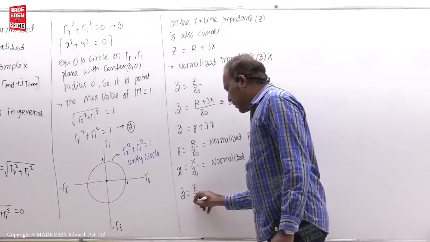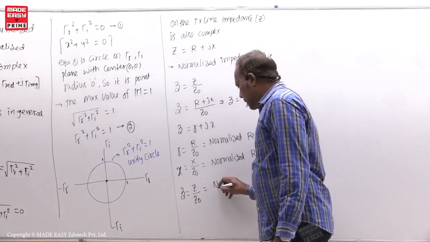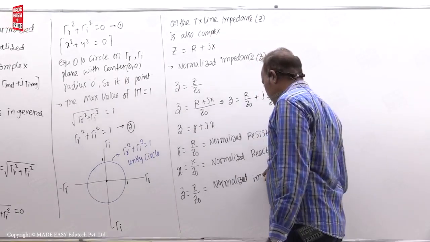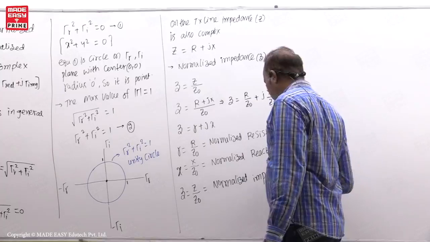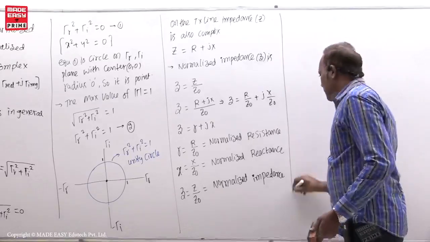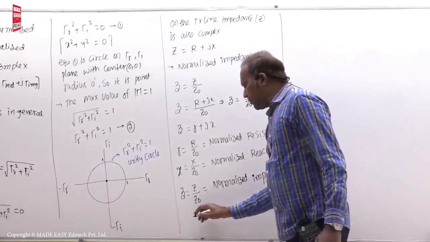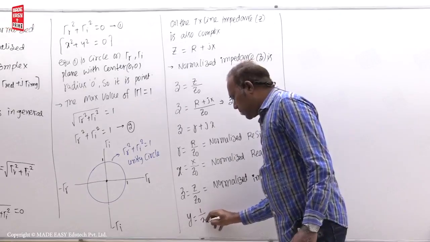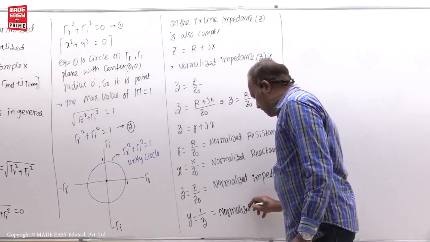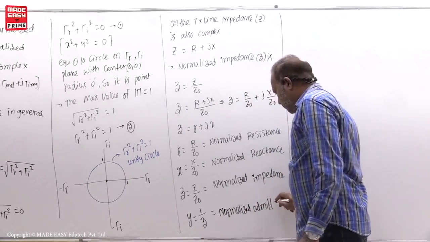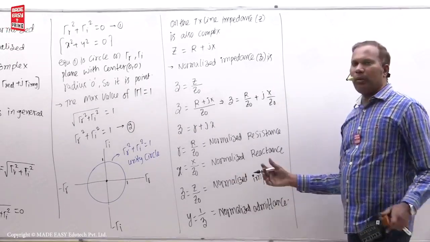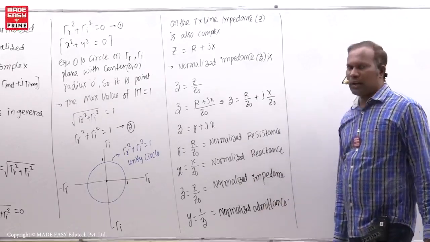Small z is equal to impedance by Z naught, that is called normalized impedance. Similarly, normalized admittance is nothing but 1 by small z. If you are drawing the normalized impedance plot, then automatically the normalized admittance plot will also be there.